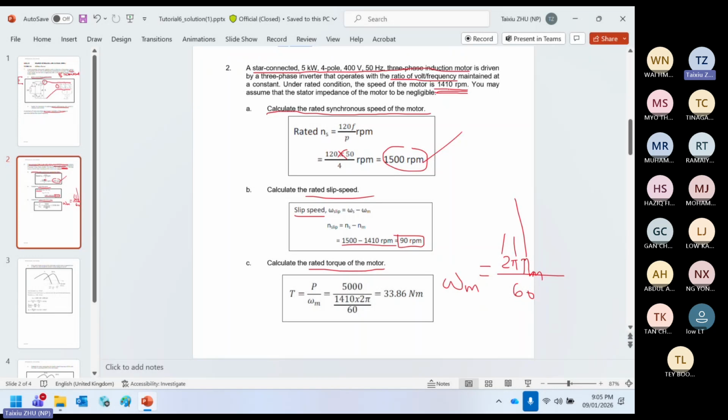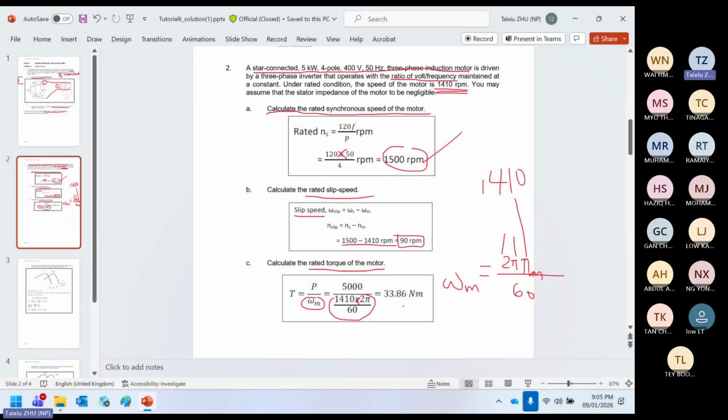This one is your rated speed of the rotor, 1410, so I put 1410 here, divided by 60. This whole thing gives you omega m. Press your calculator and you get the rated torque of the motor, 33.86 Newton meters.